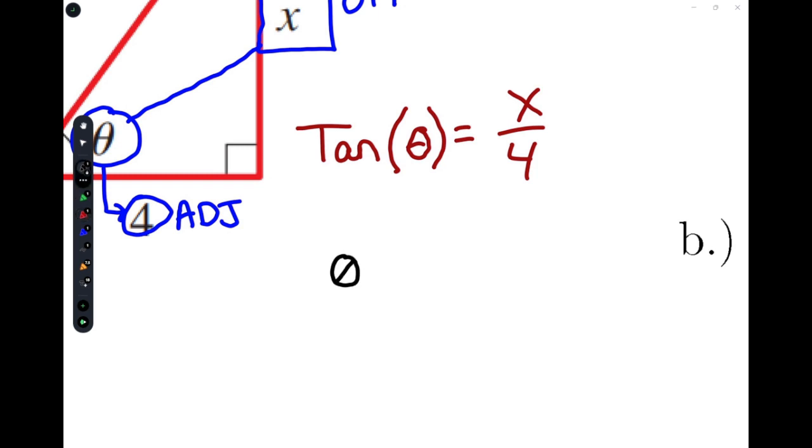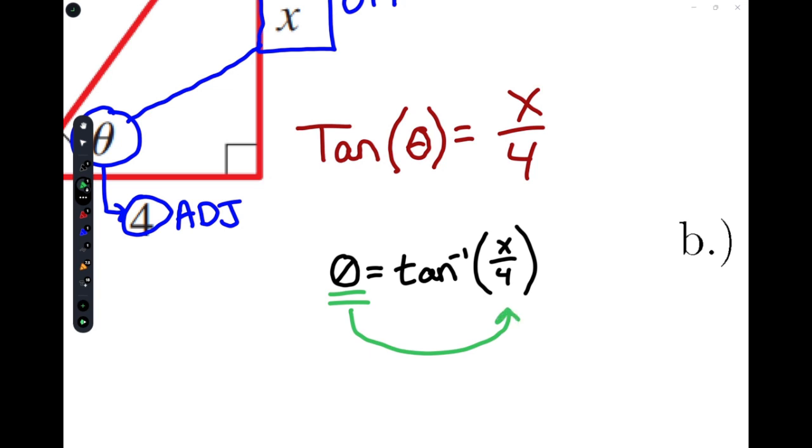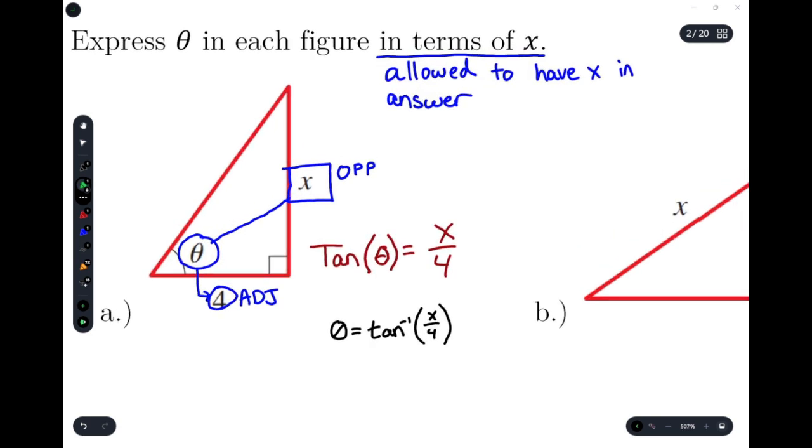So we just do the inverse to get rid of it. And now we have theta. If you want what "in terms of" means, theta in terms of x, the only variable is x. That is theta in terms of x right there.